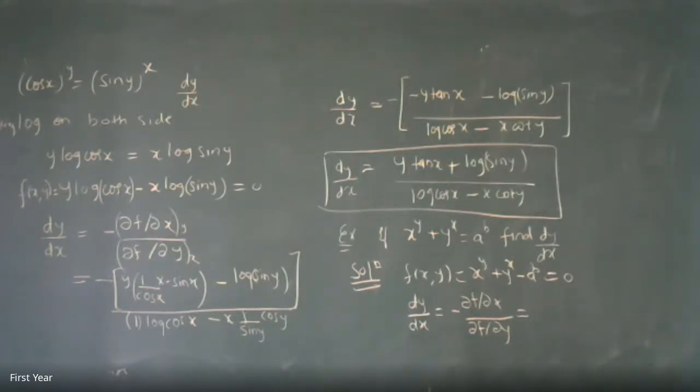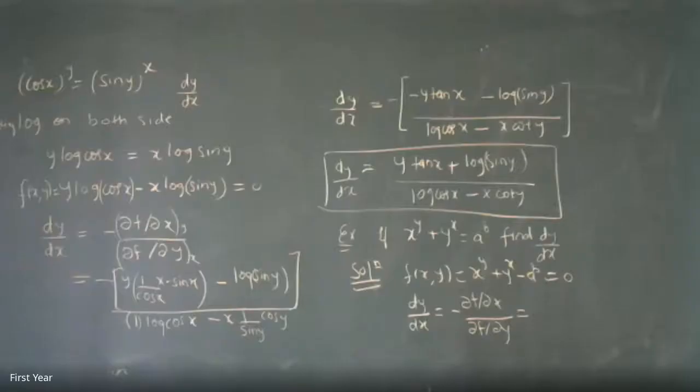Derivative of x raised to y, you're telling me? That is correct: y x raised to y minus 1, plus, how come it is y? Y raised to x is the... No, by mistake, I put the half answer. Okay. Yes, so it is y raised to x into log of y. Y raised to x is of the type a raised to x.